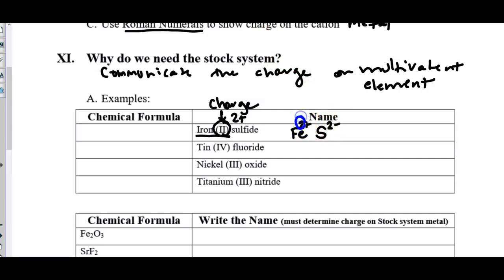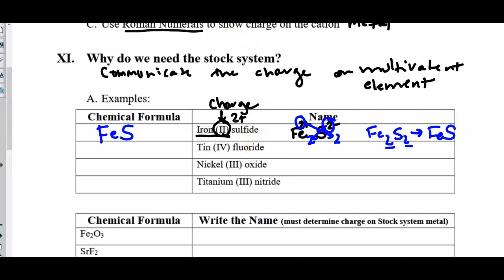So I'm going to take the 2, put it over here as a subscript, and take this 2 and cross over here as this subscript. So we get Fe2S2. But these 2's are reducible. I can divide both of those by 2. So my final answer is just FeS. So the chemical formula for iron 2 sulfide is FeS.